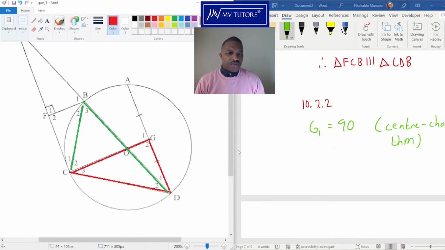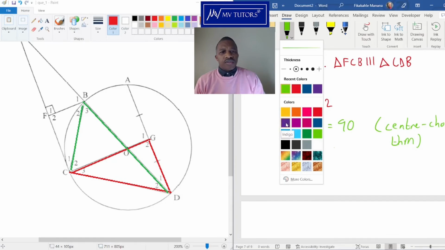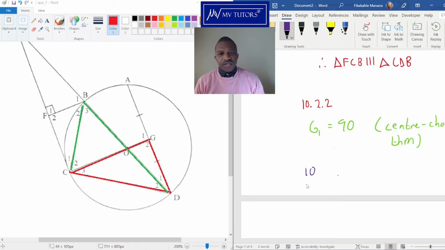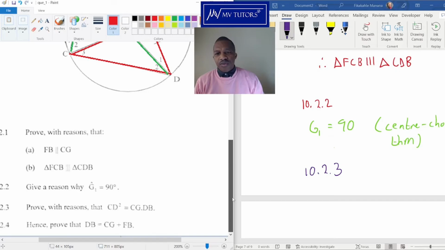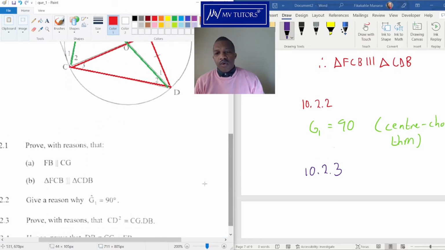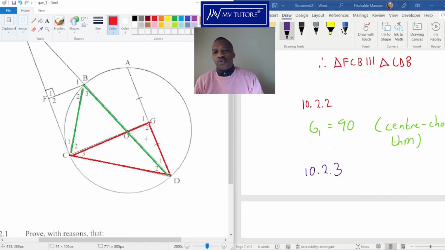Okay, so now this would be question 10.2.3, I think. Prove with reason CD squared is equal to that. So what I want you to do is not to worry about this for now. All you have to worry about is that we're working with two triangles, and we have to prove that these triangles are actually similar.